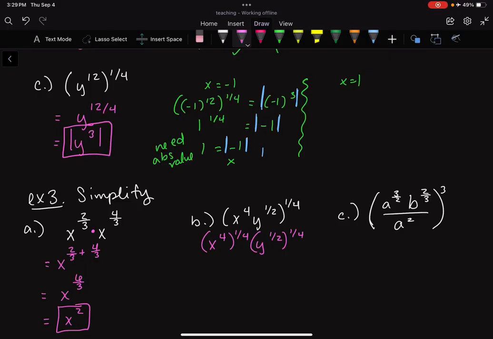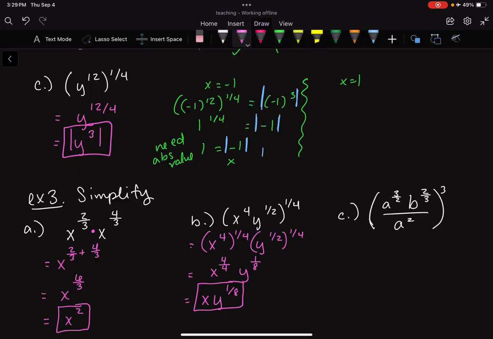So x to the 4th to the 1/4, that's going to be 4/4. y to the 1/2 times 1/4, so that's going to be 1/8. x to the 4/4 is just x to the 1, so I'm just going to write that as x, y to the 1/8, and box that in.